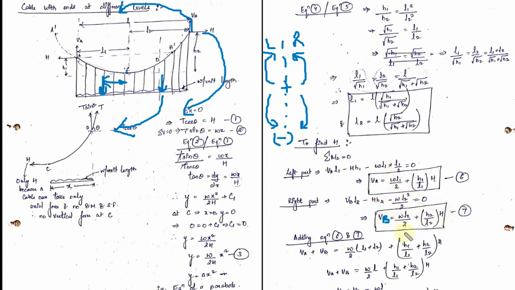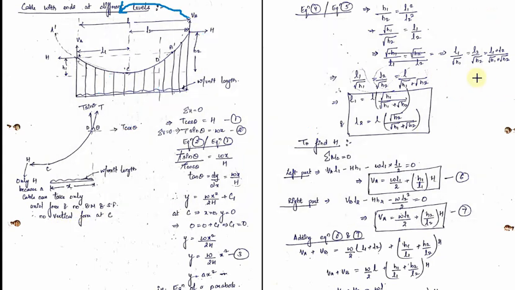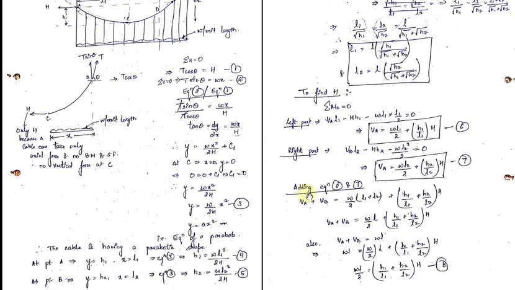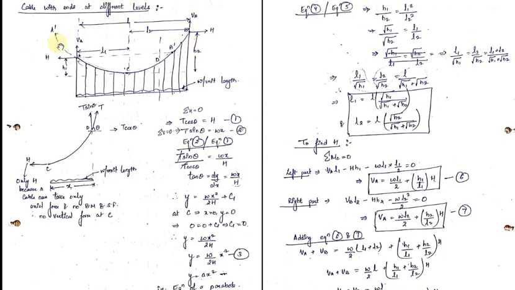Now adding these two terms, we will get VA plus VB equal to this. We also know that if I apply the summation of all the vertical forces in this cable, I will get VA plus VB equal to W into L. How?